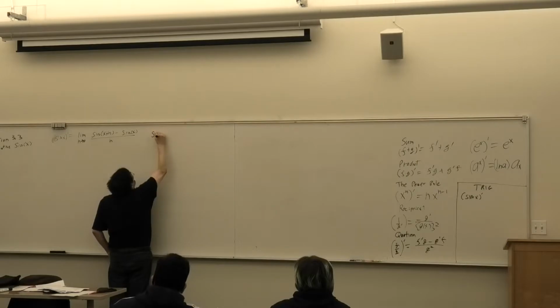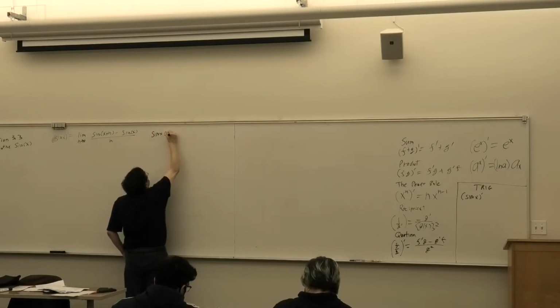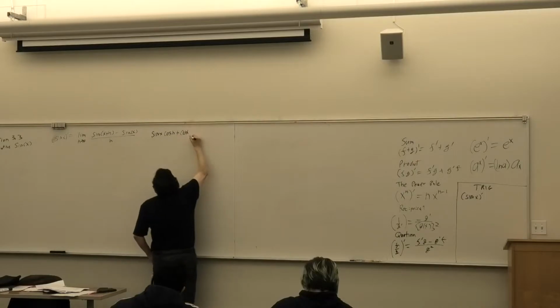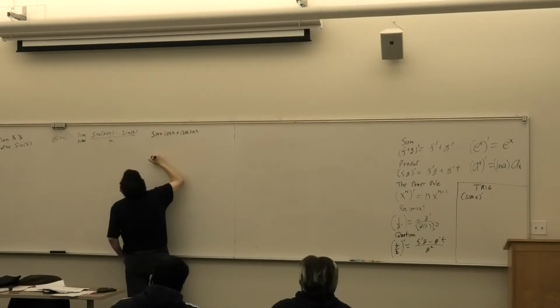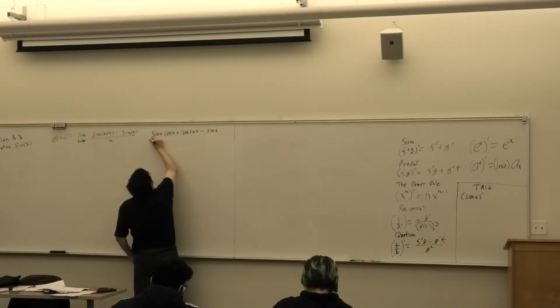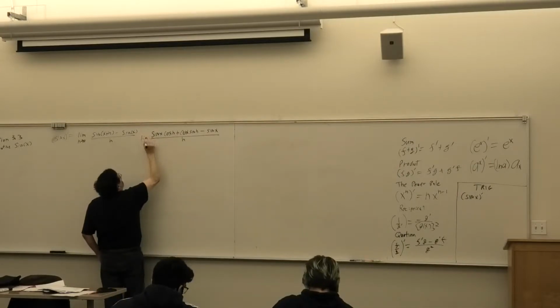It's going to be sine x cosine h plus cosine x sine h, and we still have minus sine of x, over h. Limit as h approaches 0.